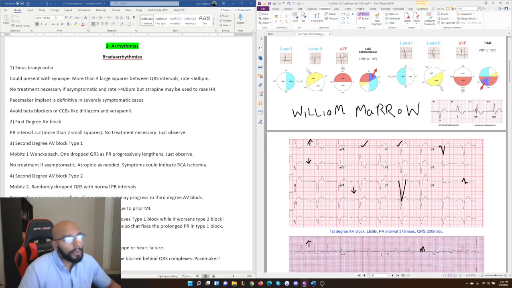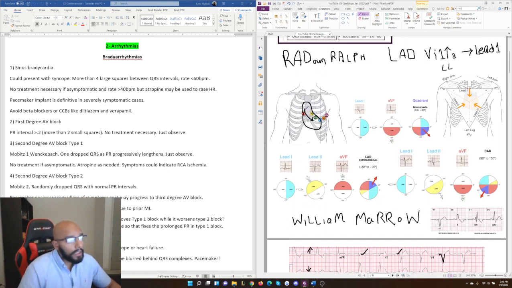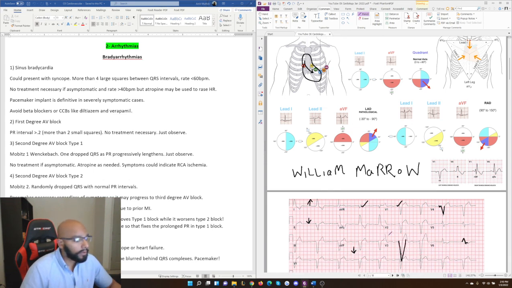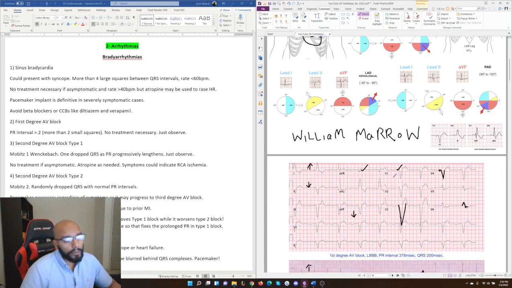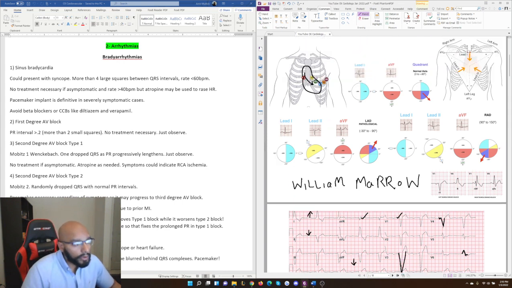Keep in mind when we talked about this over here that electricity is supposed to be going in this direction, right? And when electricity is moving towards this bottom point over here, that's when your leads are going up. But if V3 is actually going down, even though it's supposed to be normally going up, then electricity must be going away from V3 for whatever reason, and is going away with a pretty high voltage, which means that the majority of the electricity must be going towards your right ventricle somehow, okay?